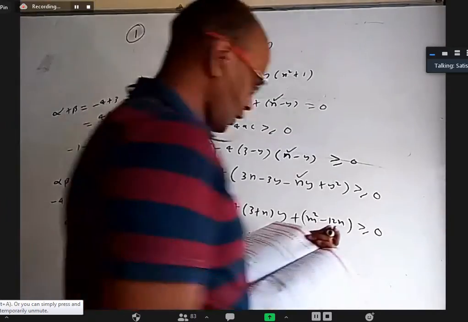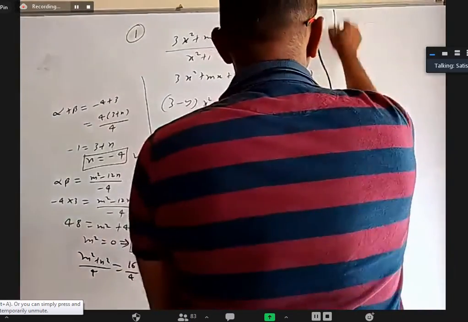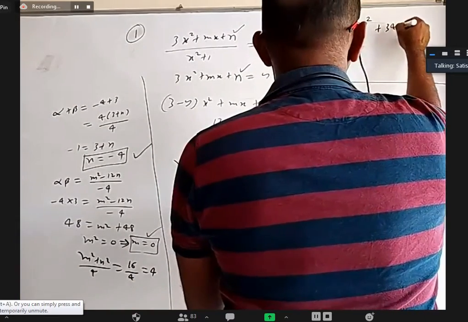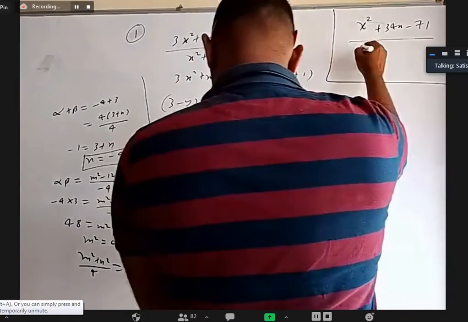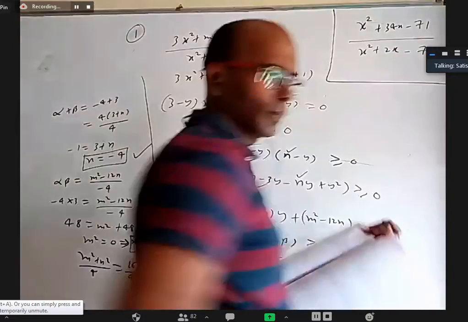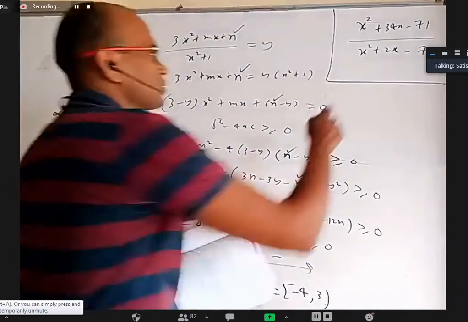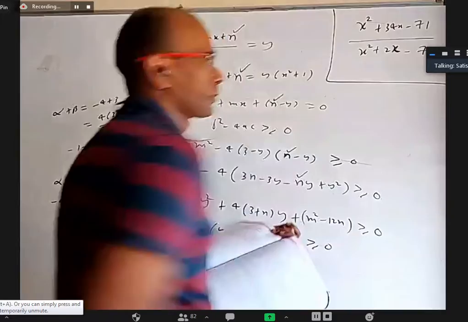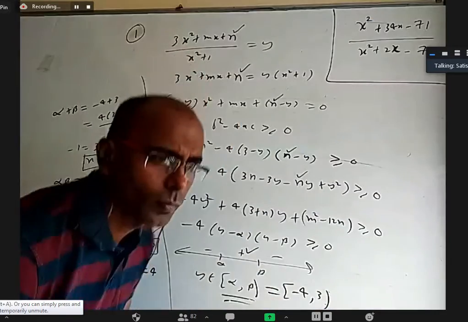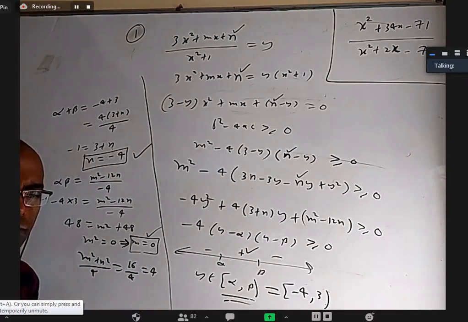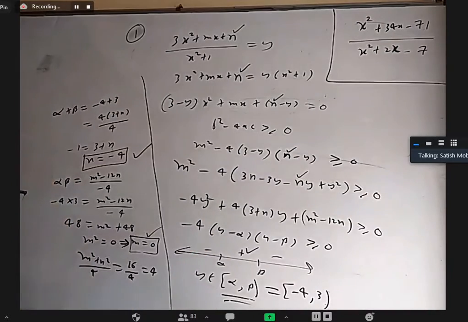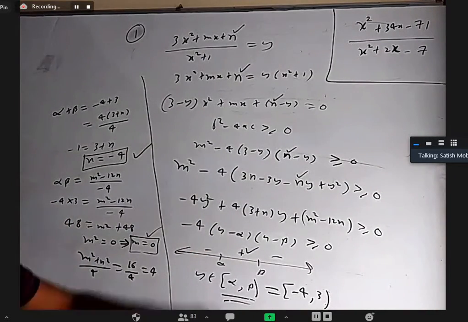Okay, I'll give one question. Try to find the range for this. Okay, everybody. x square plus 34x minus 71 by x square plus 2x minus 7. I want you to find the range of this. Okay, those who completed copying this question, whether you understood or not, complete copying the whole thing.